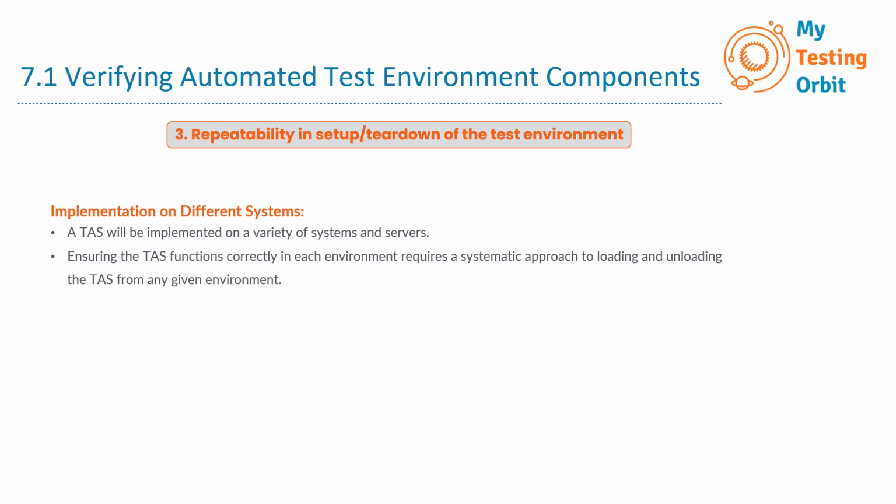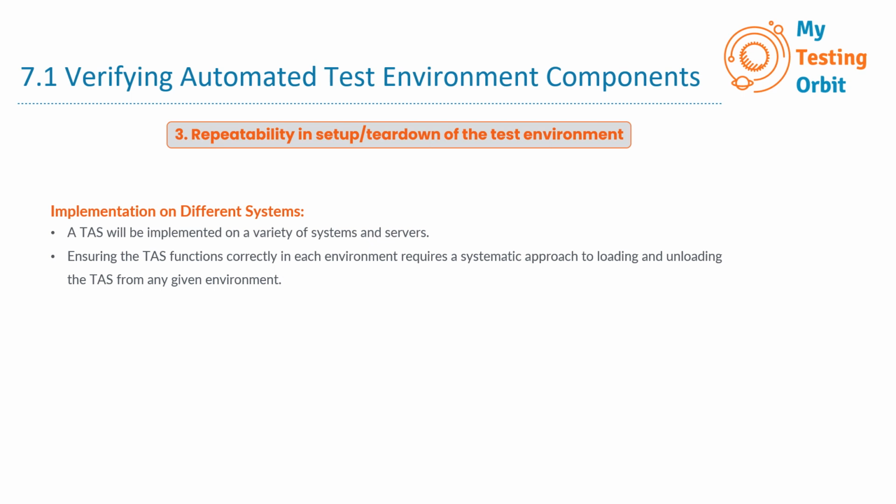That would be really frustrating, right? So similarly, to make sure that the TAS works correctly in each place or environment, it is important to have a well-planned way of putting it into the environment, which is referred to as loading, and taking it out, which means unloading. Now let's see these two concepts in detail.